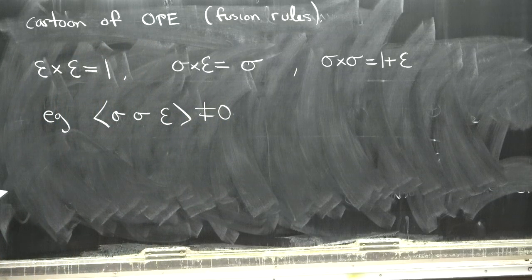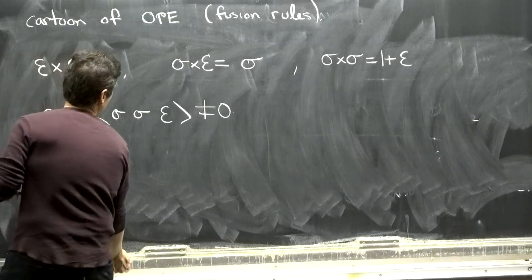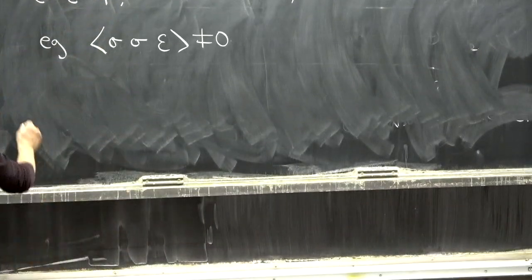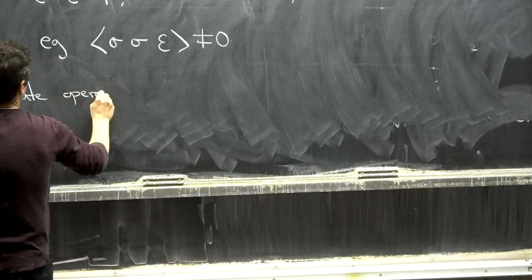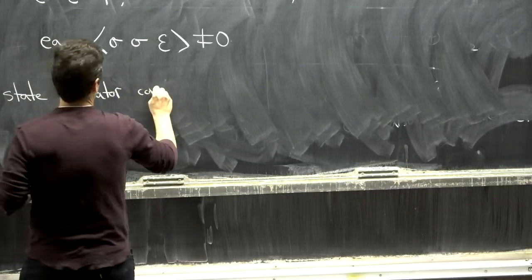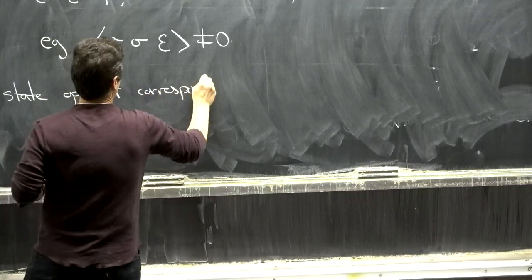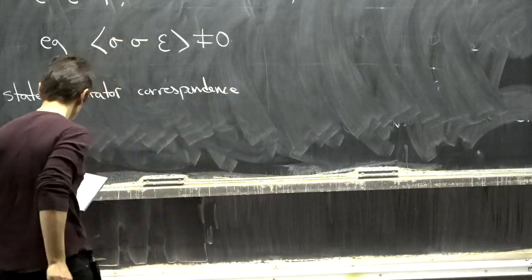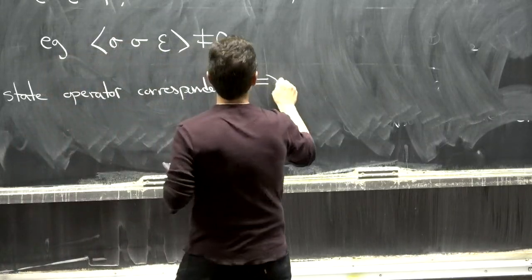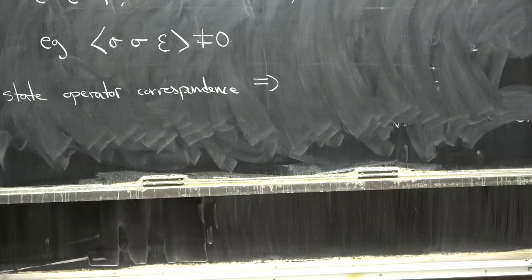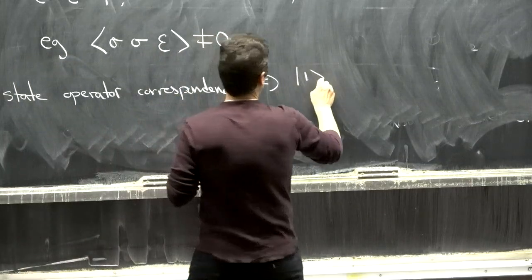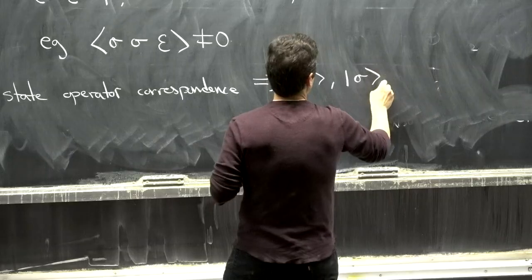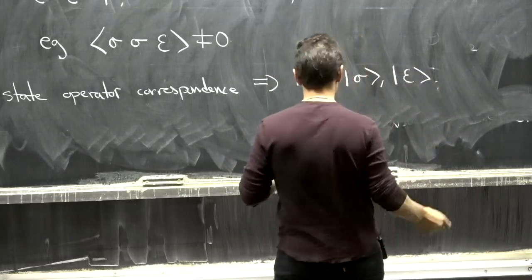So, for instance, this sigma sigma epsilon 3-point function is non-zero because of this term. Okay. The final thing I will briefly mention is the state operator correspondence. So that implies that associated to each of these local operators is a state: 1, sigma, and epsilon.